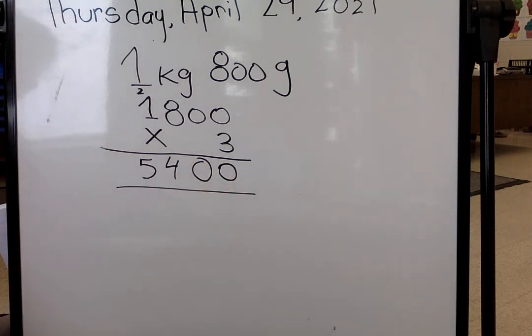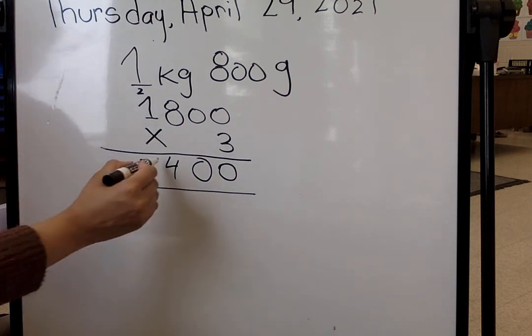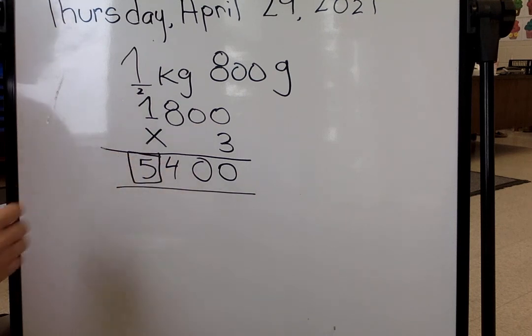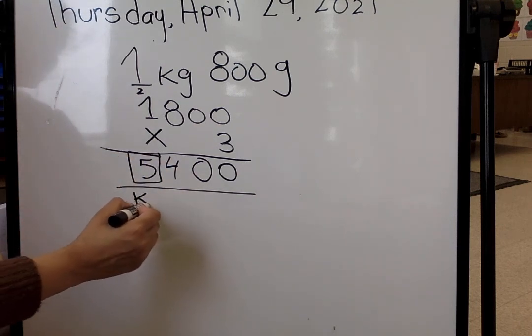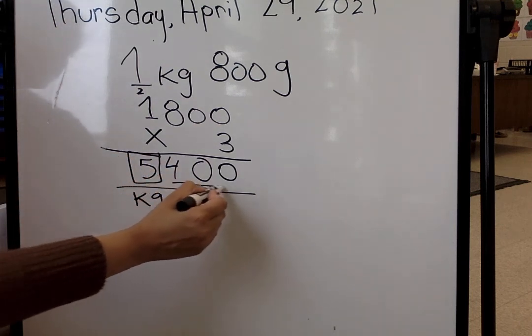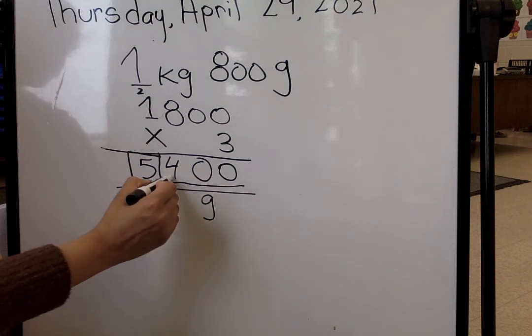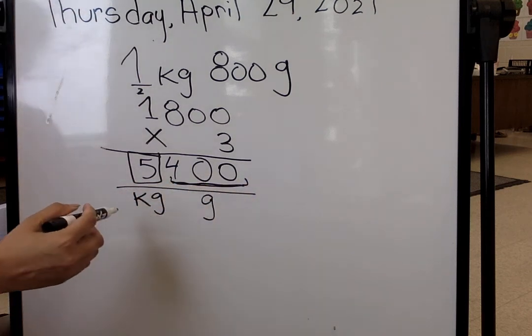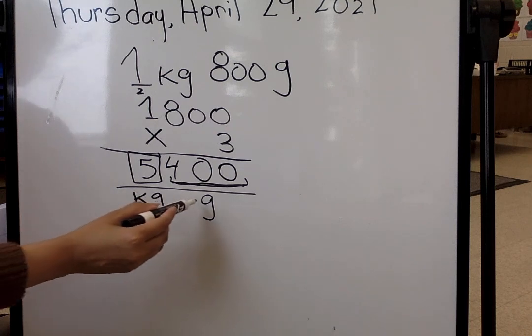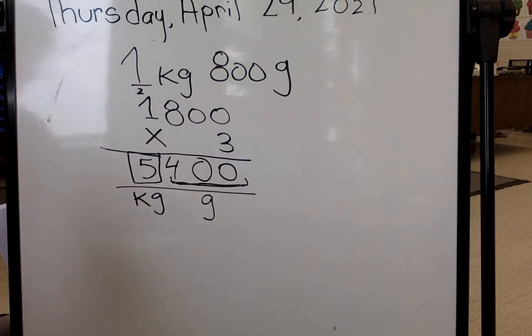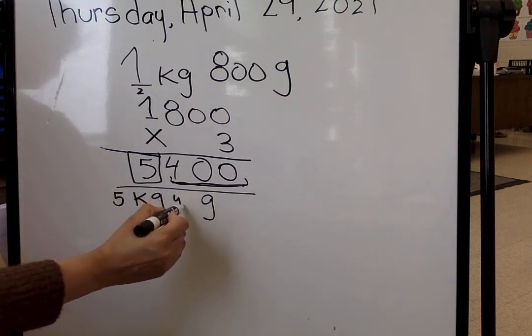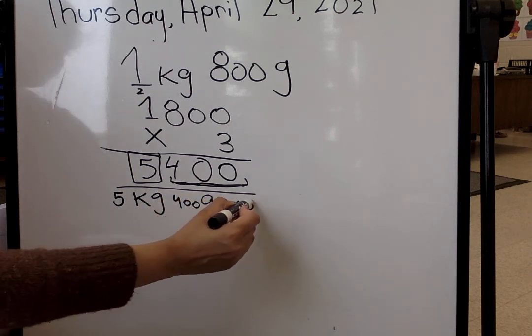So what is the weight of the watermelon? The watermelon weighs, remember our thousands number is our kg, and our hundreds number is our grams number, right? So the watermelon weighs 5 kg and 400 grams.